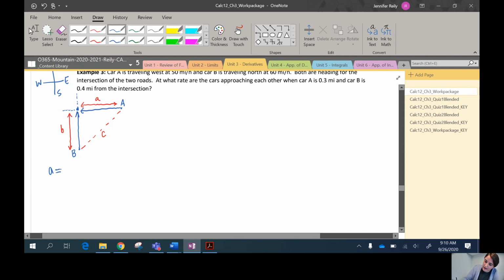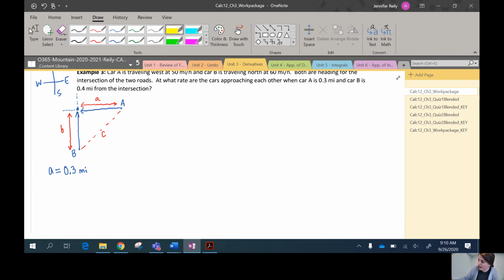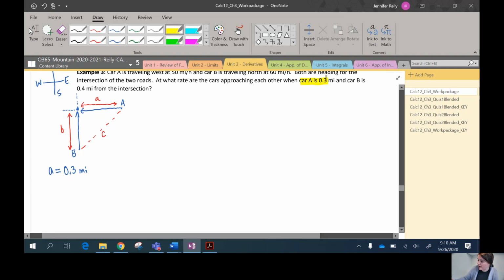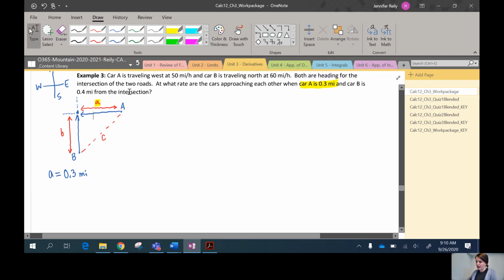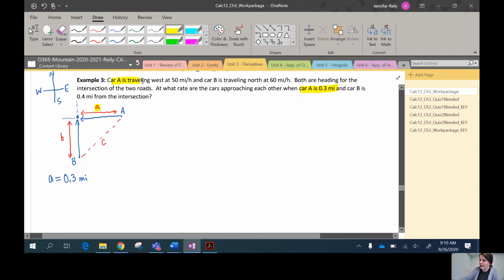So a, right now, a is 0.3 miles from the intersection. So maybe I'll highlight some of the information there. Also, we know that car A is traveling west at a rate of 50 miles per hour.